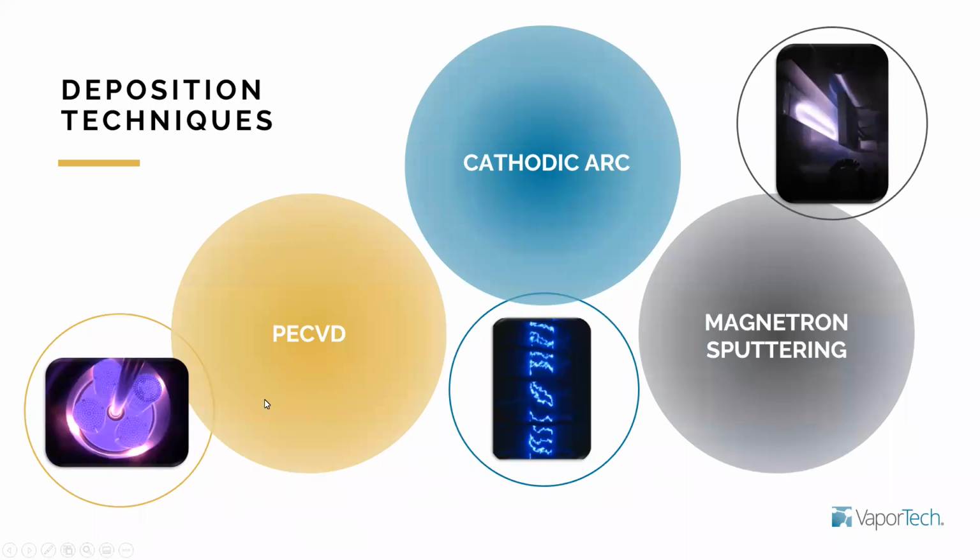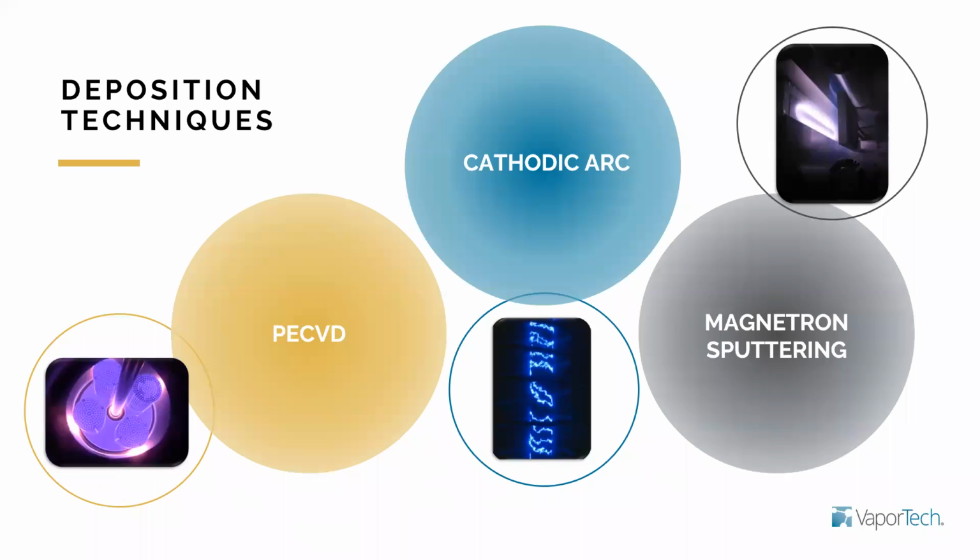And last, here on the left-hand side, we talk about PECVD, even though the title of the talk is basically going towards PVD. But most of the DLCs, or diamond-like carbon coatings, that are used in the industry are done through the PECVD process, or PACVD process, or even high temperature or thermal CVD processes.